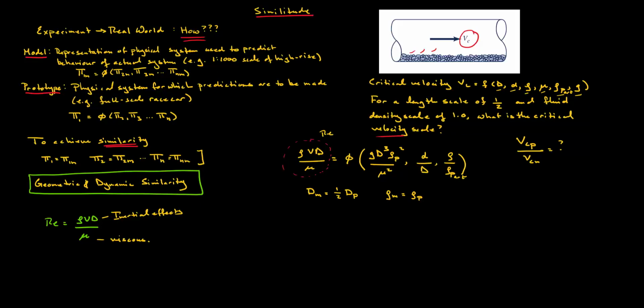So we want to match the Reynolds number for the prototype and the Reynolds number for the model. So we'll have the density of the model multiplied by the critical velocity of the model multiplied by the diameter of the model divided by mu, and this will be equal to the density of the prototype multiplied by the critical velocity of the prototype multiplied by the diameter of the prototype divided by mu.